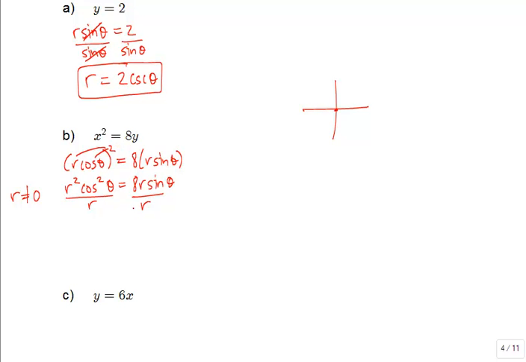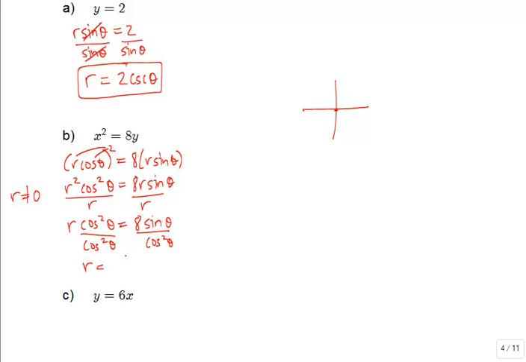So it's okay in this problem for us to divide by r because we know that r can't just be 0. So if I divide by r, the reason why that helps is it gets me just an r on the left, cosine squared theta, and I lose that r on the right. So now all I have to do to finish solving this for r is divide by the stuff that's next to it. So I'm going to divide both sides by cosine squared theta.